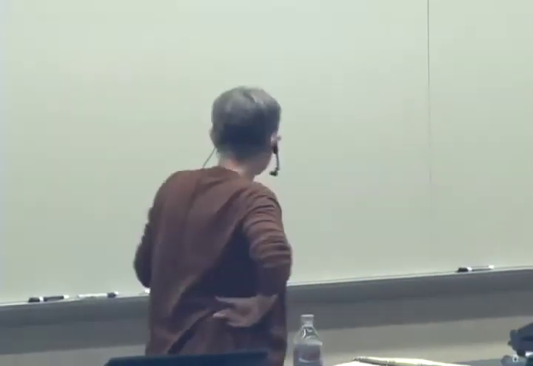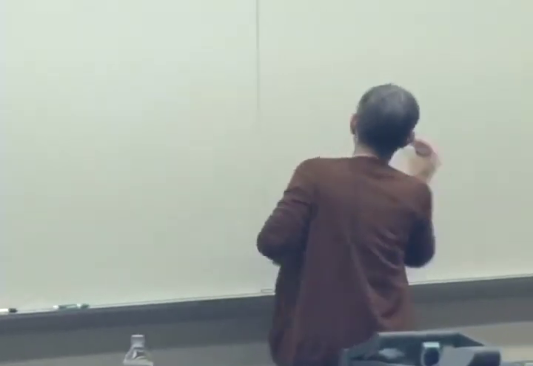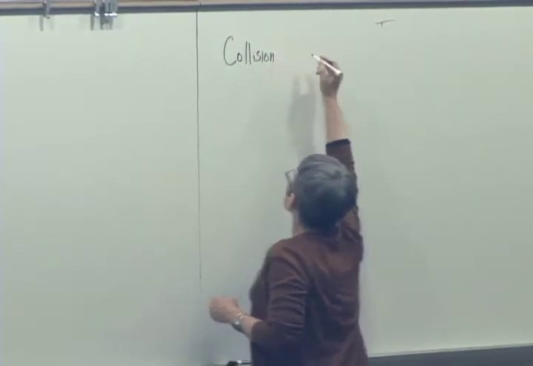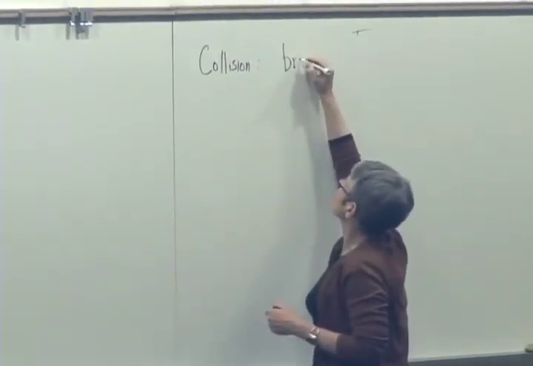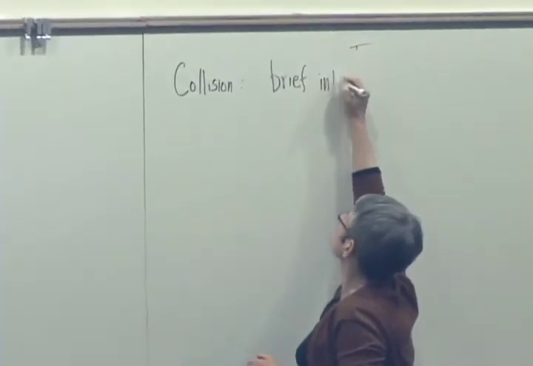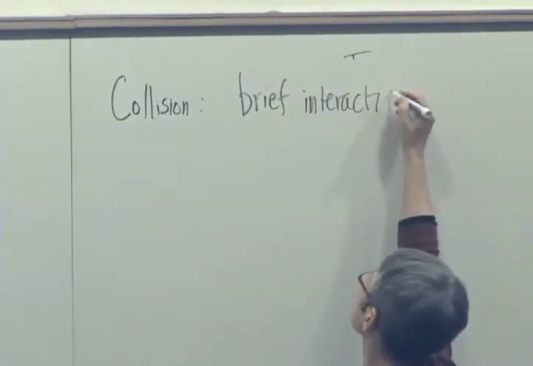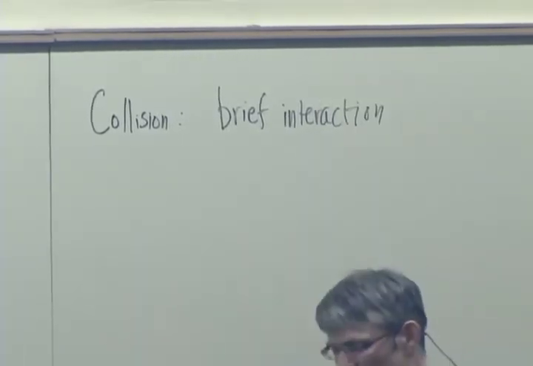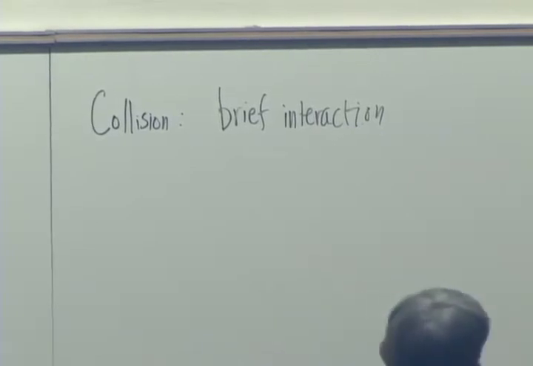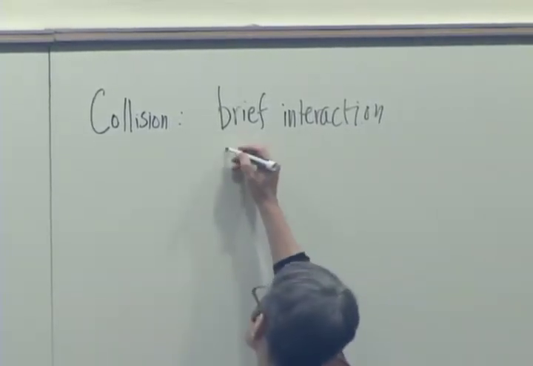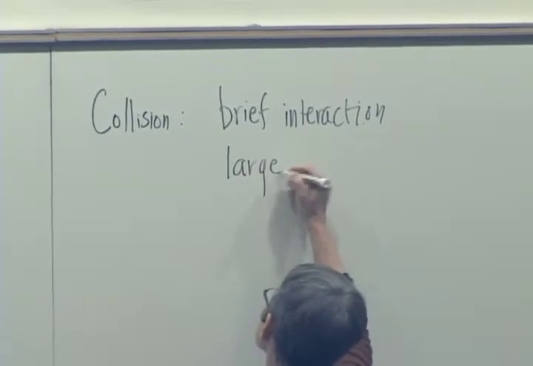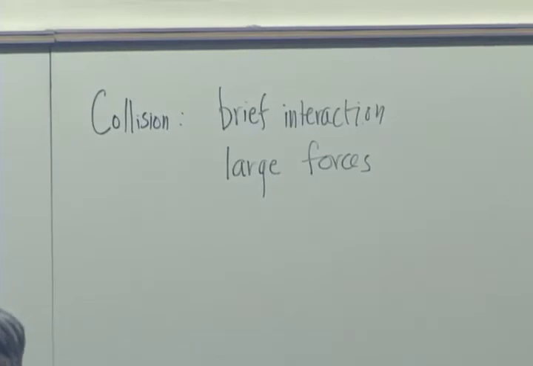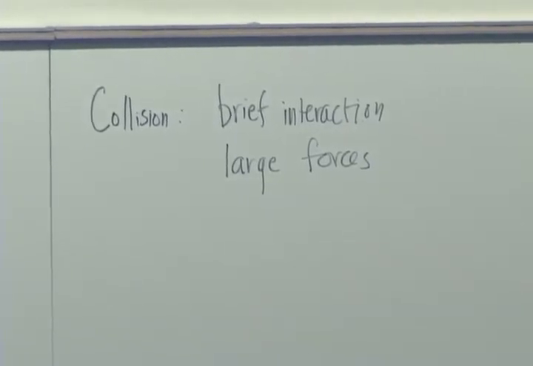A collision has a technical definition in physics. It's a very brief interaction on some time scale of interest, and it involves very large forces compared to other forces.